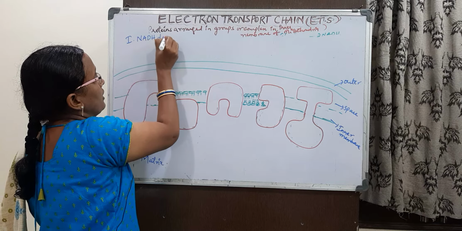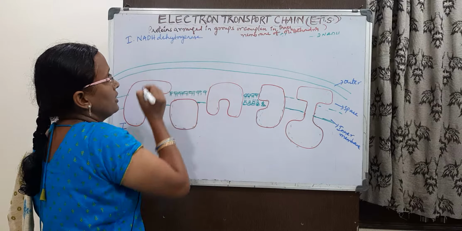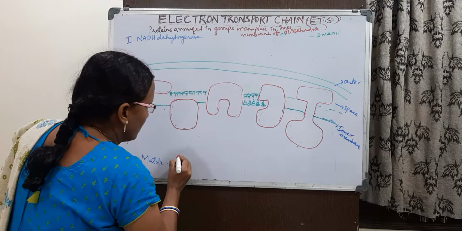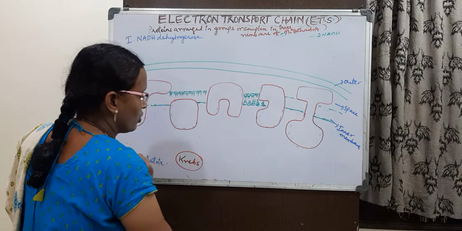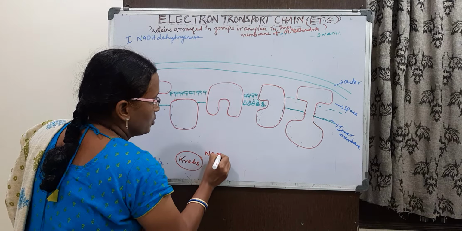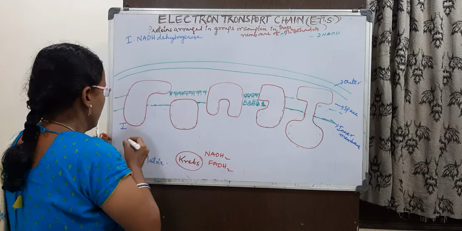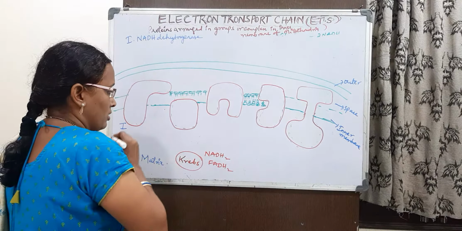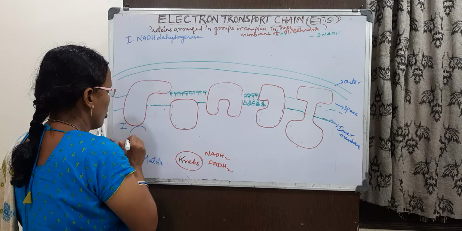The Krebs cycle takes place in the mitochondrial matrix, where we get NADH2 and FADH2. The NADH2 produced in the Krebs cycle enters from the first complex.